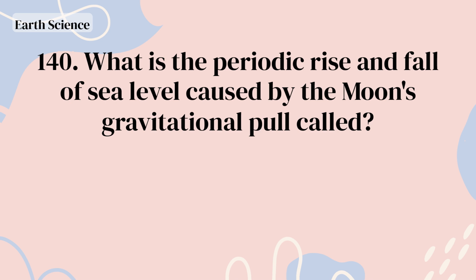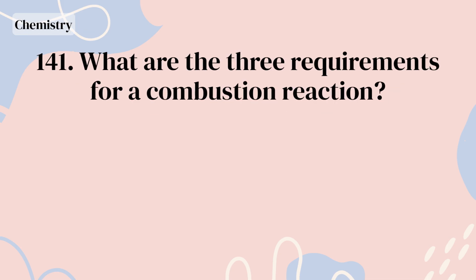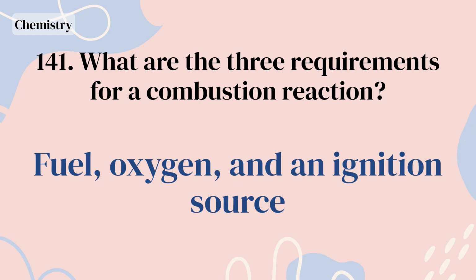What is the periodic rise and fall of sea level caused by the Moon's gravitational pull called? Tides. What are the three requirements for a combustion reaction? Fuel, oxygen, and an ignition source.